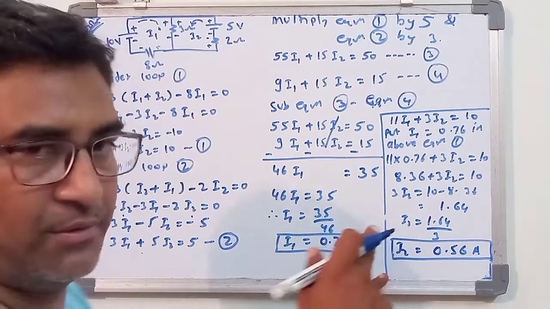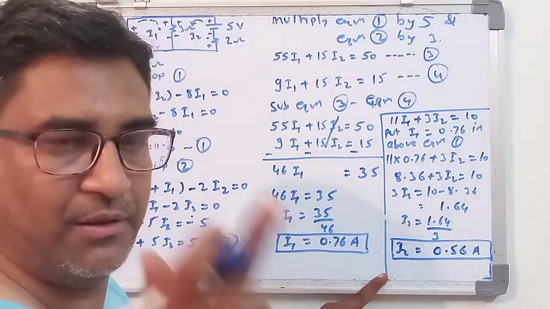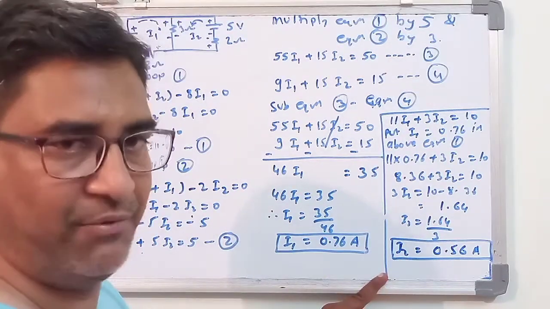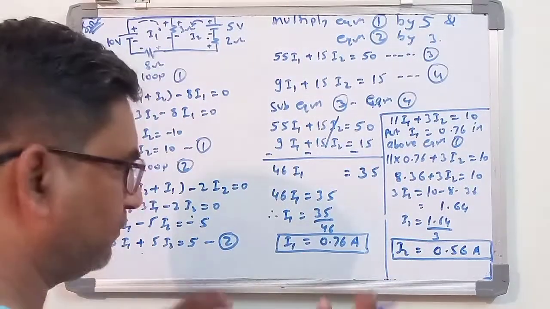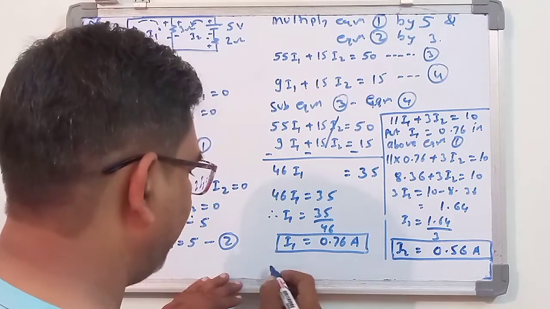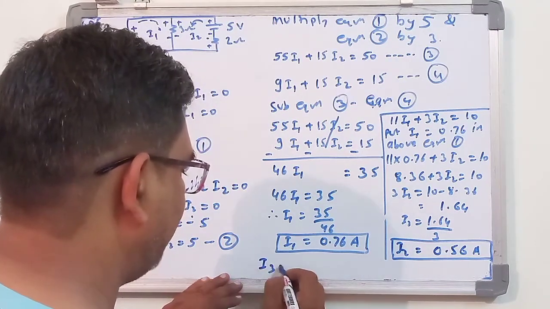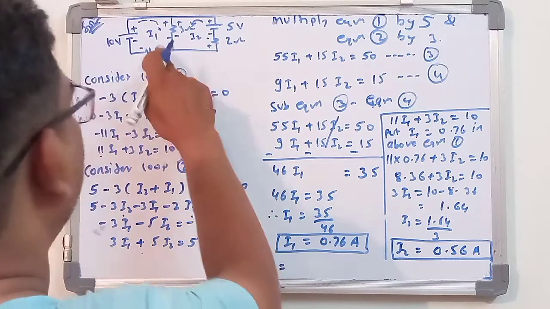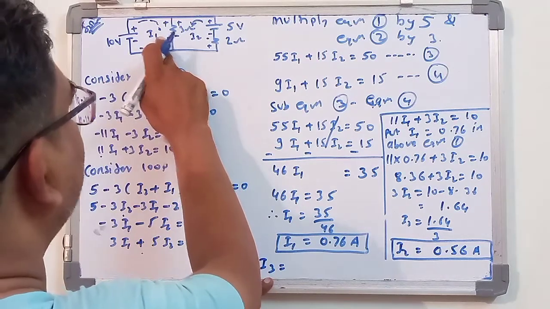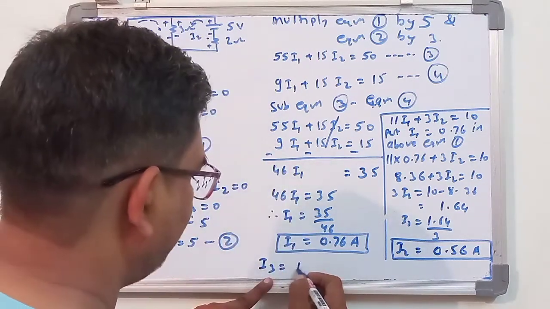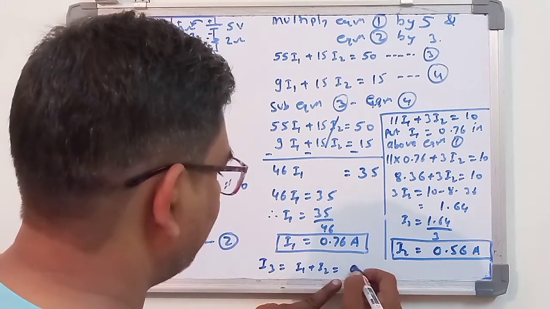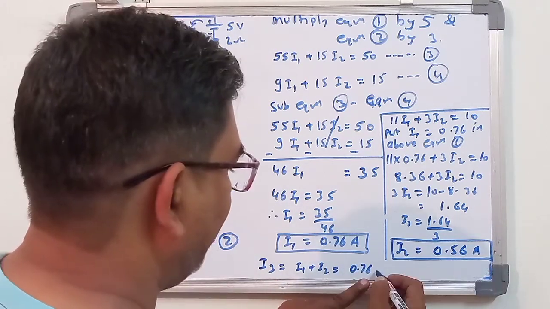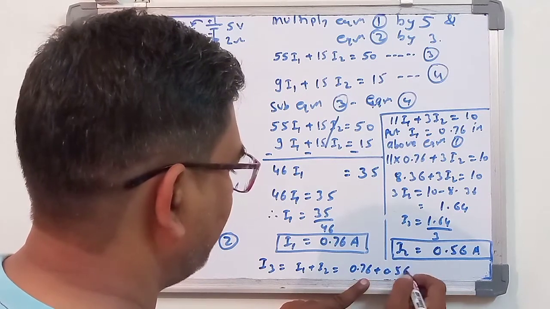Now what is asked? You have to find out the I3 value also. So at the end, what you have to do? I3 is equal to, you know, the addition of I1 plus I2. So I3 is equal to I1 plus I2. I1 value is 0.76, I2 value is 0.56.